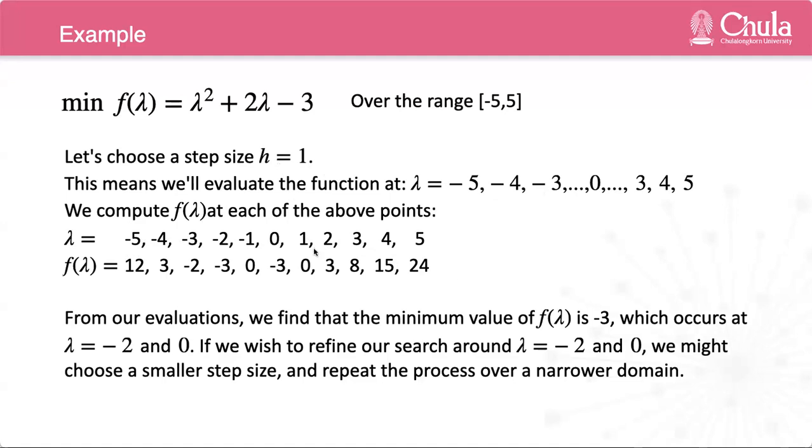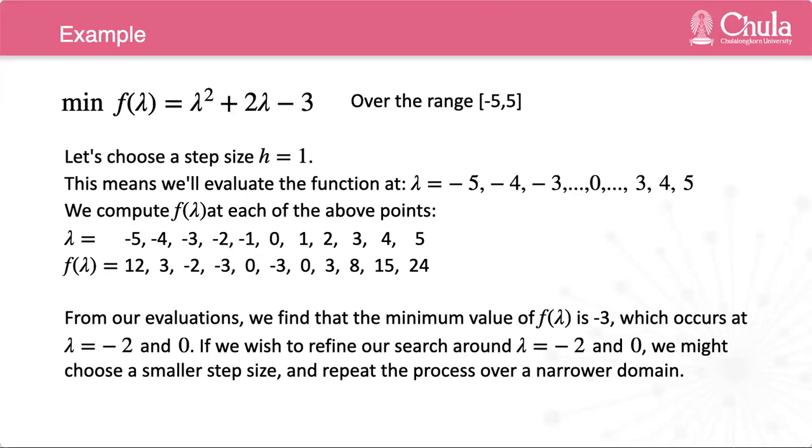-2 and 0. Yes. Between -2 and 0, right? Because if we look at the minimum values here, we see -3 and -3 for the objective function. We assume the whole function is unimodal, so our minimum point must lie somewhere around this -3, where the decision variables are -2 and 0.